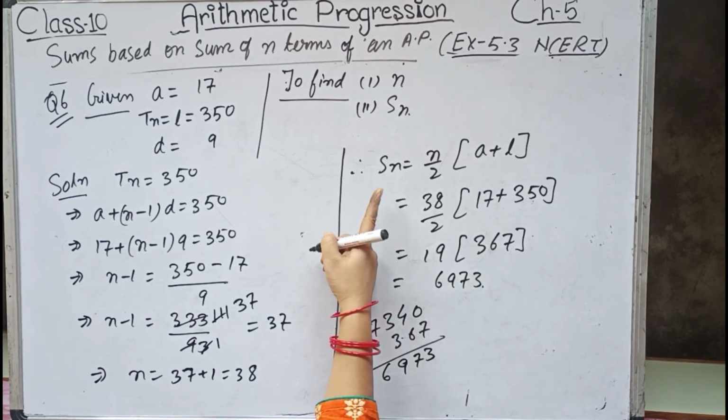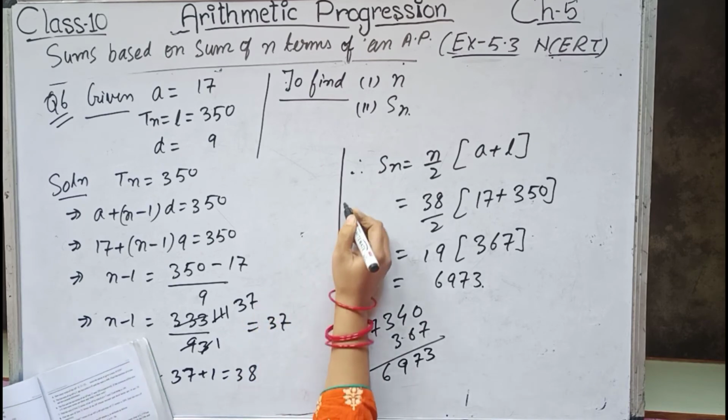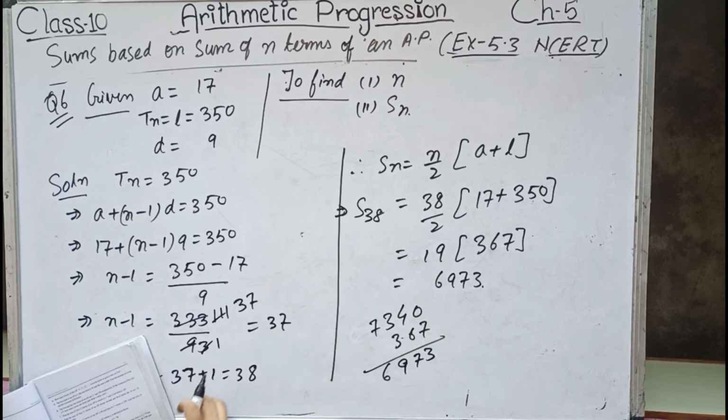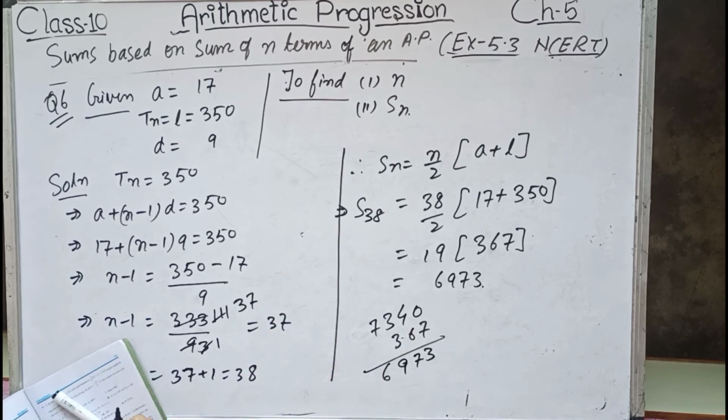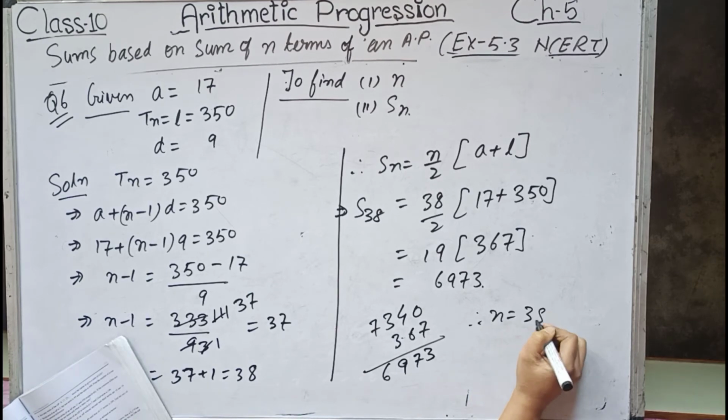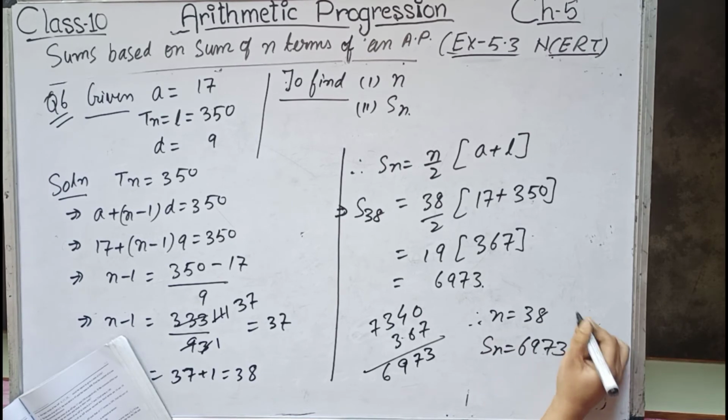Here in place of Sn I can write S38. So let us once see the answer. Question number 6, 6973, and n equals 38. Therefore n equals 38 and Sn equals 6973, and this is the answer.